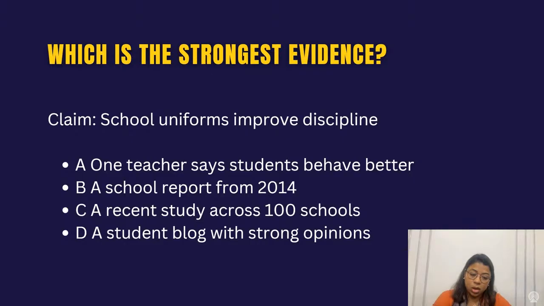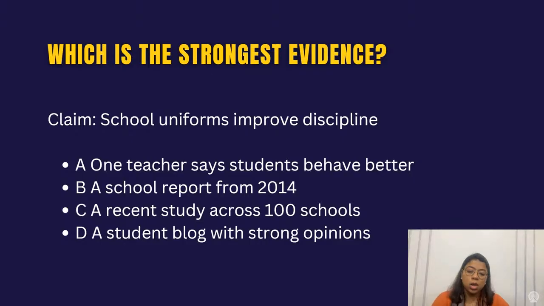So the correct answer over here is what? Let me know in the chat. Okay, the correct answer is a recent study across 100 schools. Why? Because if only one teacher says students behave better, it is not enough data. Sample size is almost negligible. It's a personal opinion, I would say. It is not even research.